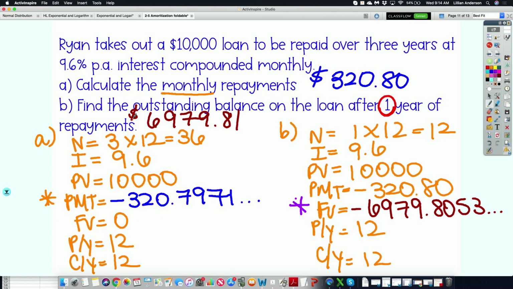What key feature are you missing by doing that? Interest. That's why we can't just multiply 12 by the number of payments. Because we have to take into account that interest is still going on how much is left on the loan after each month. So that does have an effect. I'm glad you asked that though.